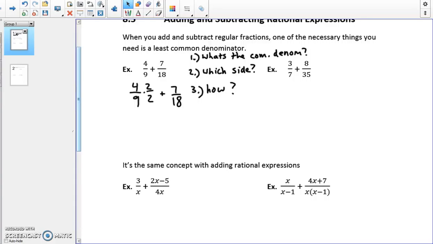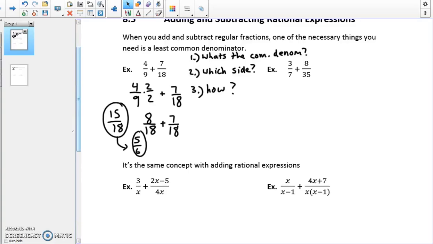When you multiply fractions, you multiply top and bottom. So this is going to turn into 8 over 18 plus 7 over 18. Now we can just add that straight across. Since we have the same denominator, this becomes 8 plus 7 over 18, so 15 over 18. And then that can go one step further and simplify to 5 over 6. Okay, that's the first one.